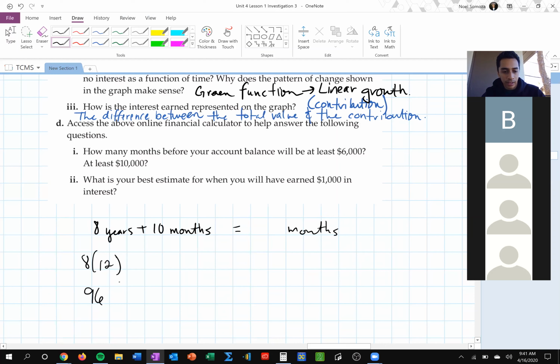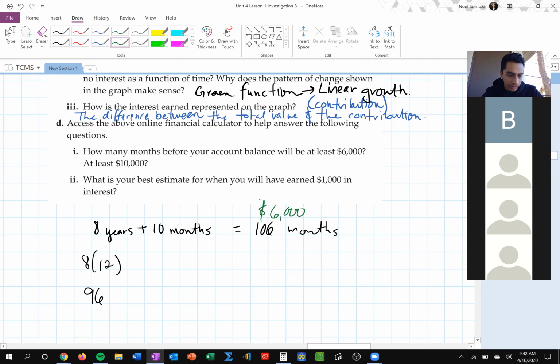So 96 plus the 10, that's going to be after 106 months. You're going to have at least 6,000 at that point. And then for part B, so this is for 6,000, it's going to take about 106 months.